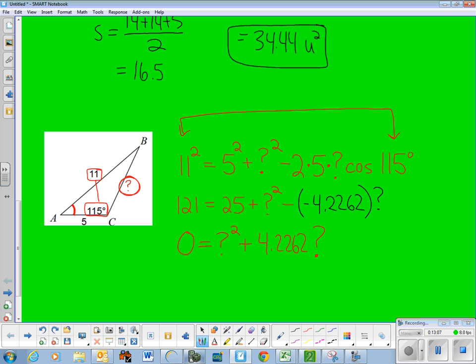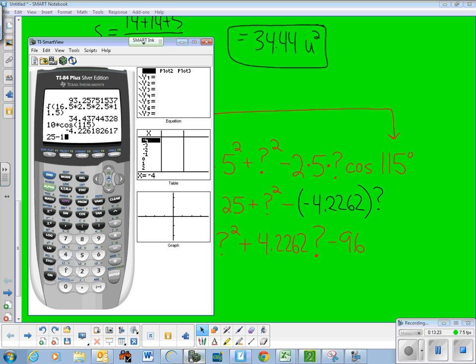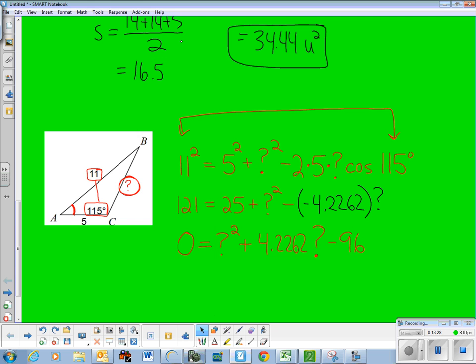And then I have 25, and I'm going to subtract from that 121, and that's going to give me a negative, I think a negative 96. 25 minus 121. Oh, good, negative 96. And what we have is a quadratic equation. Let me write it with x's. I like the question marks, but in case that's bothering you, let's do it that way.